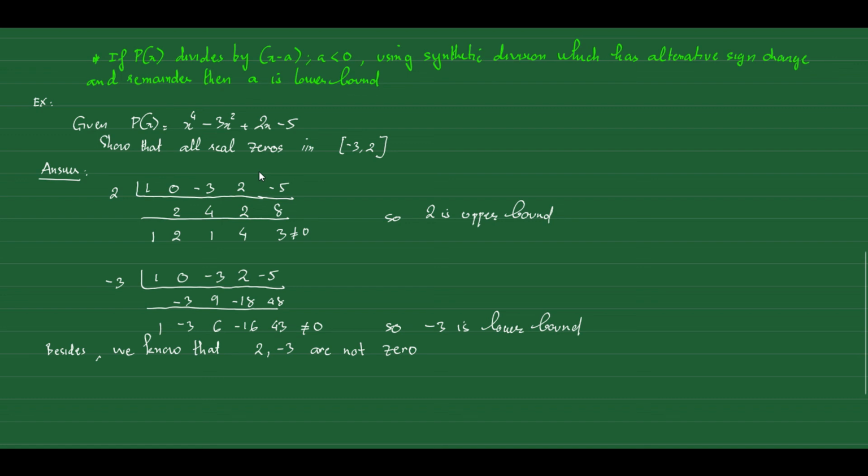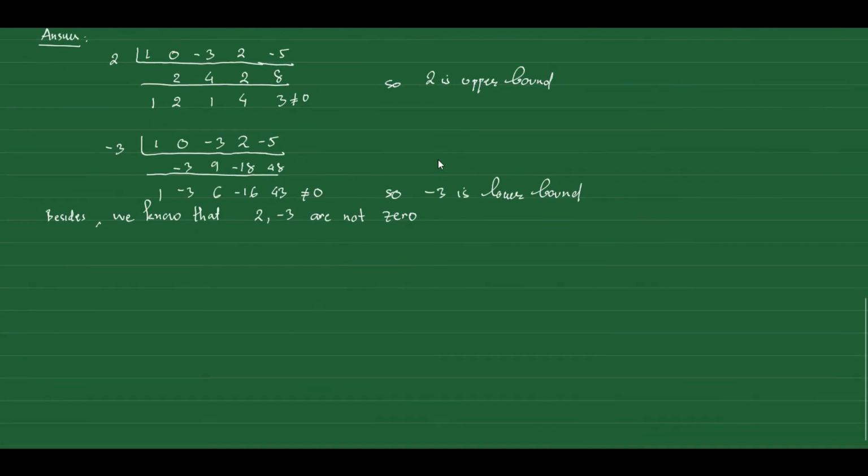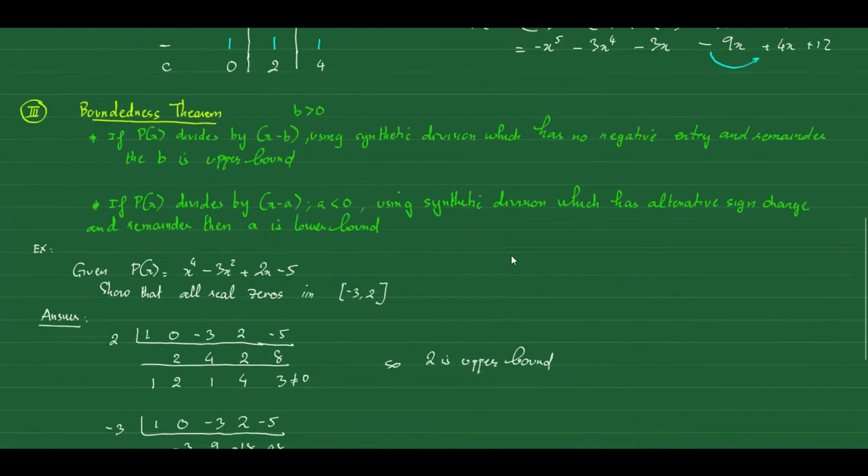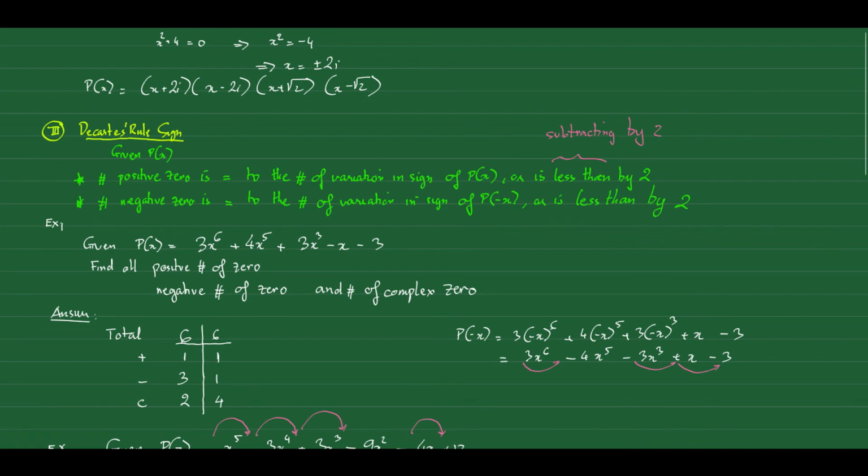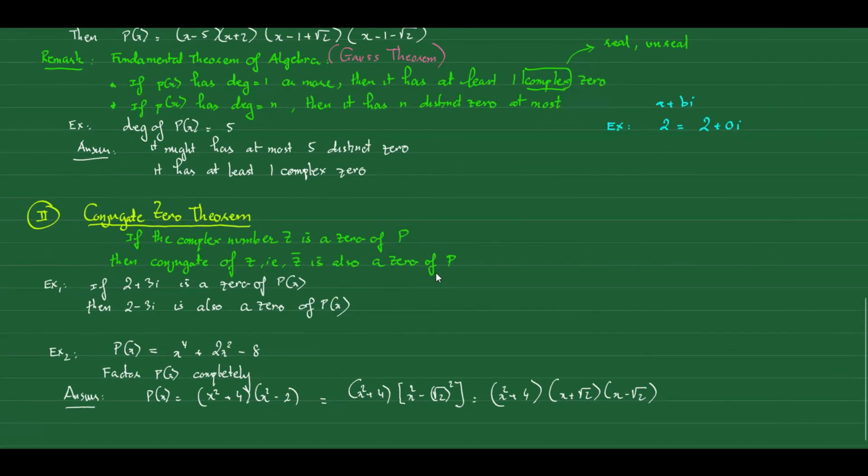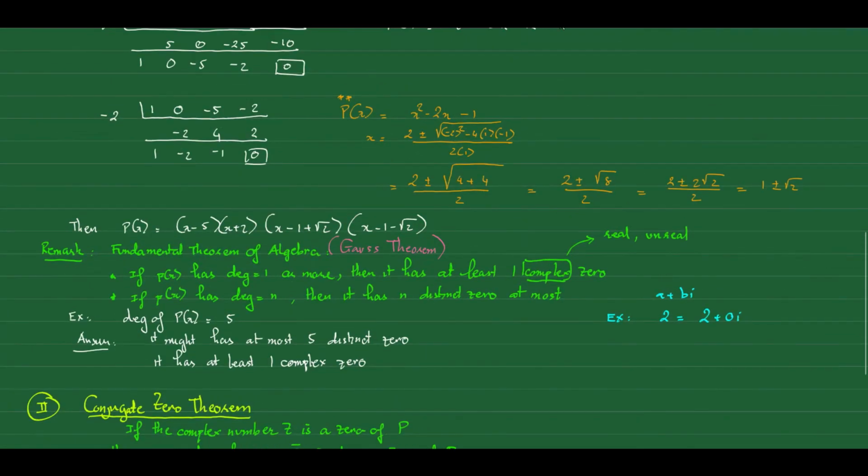For this chapter you have to read the wording carefully. So this one is just the boundedness theorem, and I'm going to put a remark right here for you to remember.